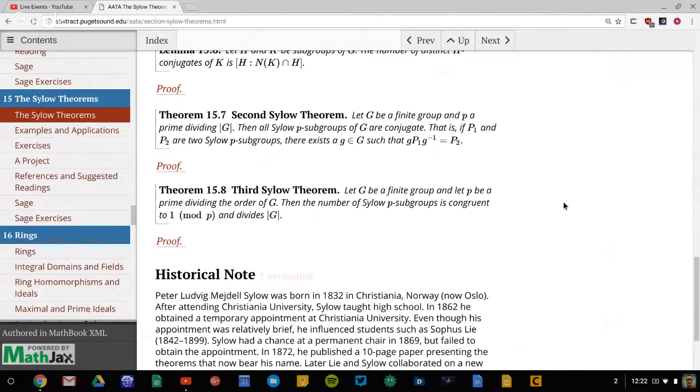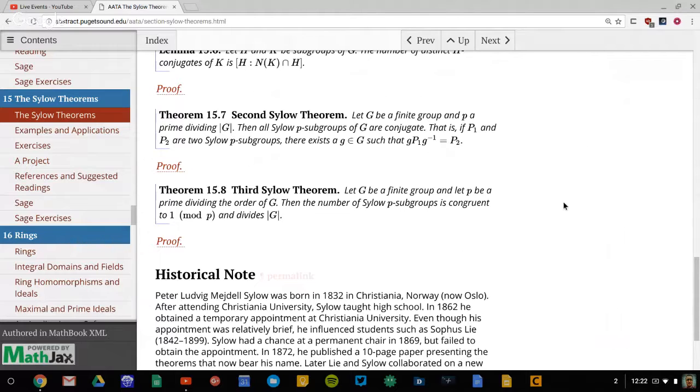That was the idea from Lagrange's theorem. Remember, the size of a subgroup must divide the order of G. But here we have something quite different. The number of different Sylow P subgroups has to be a divisor of the order of G. And secondly, whatever that number is, the count of the number of different Sylow P subgroups is congruent to 1 modulo P.